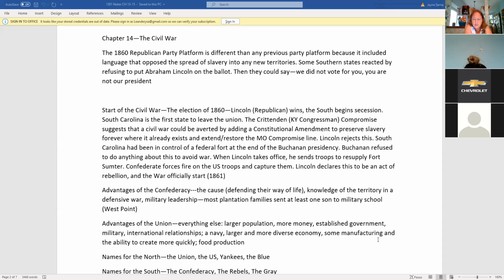So defensive war, and then they may have had better military leadership. I know that's kind of nebulous and there are opinions, but people tended to like this Robert E. Lee fellow. You've probably heard of him. He graduated second in his class at West Point. That's pretty good. And I hear West Point's a good school, even though I didn't go there. Plantation owners tended to send kids to military schools.